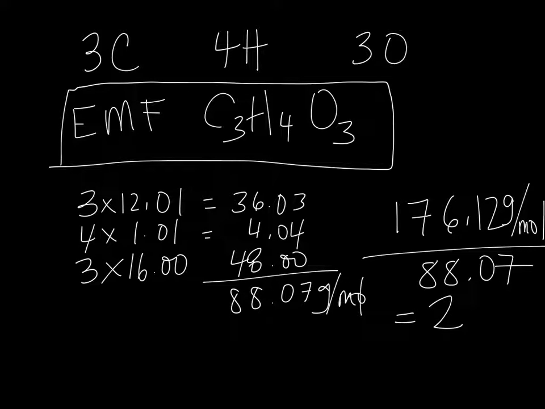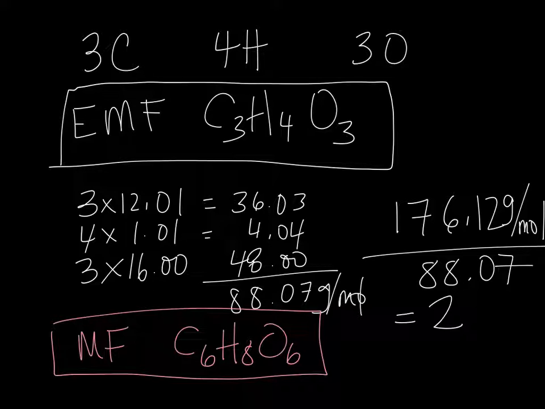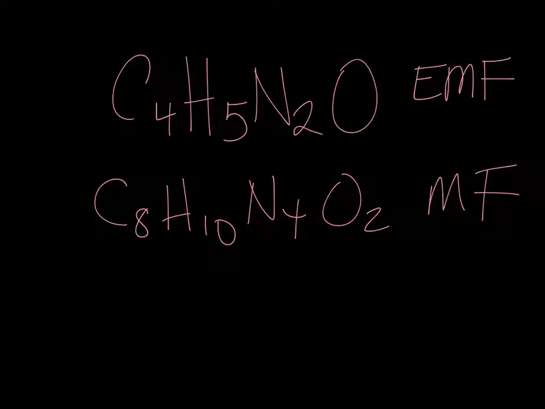So our molecular formula is C6H8O6. That's the molecular formula for your compound. You have to find the empirical formula. Do it the way we did it the other day.